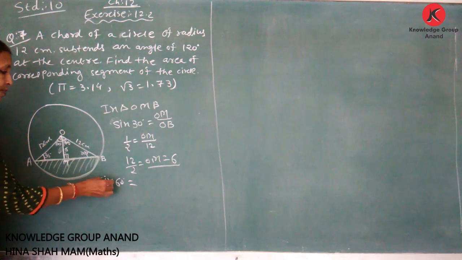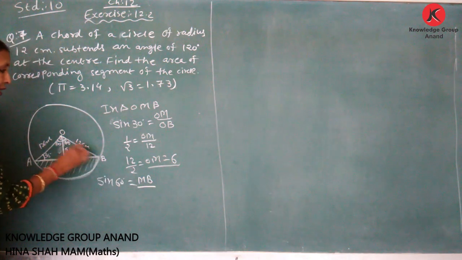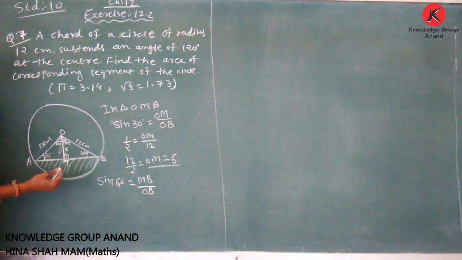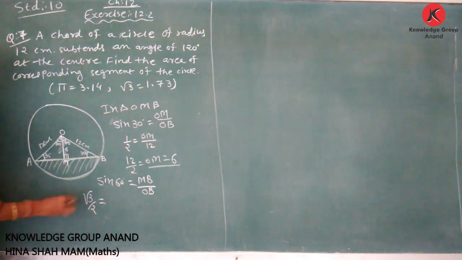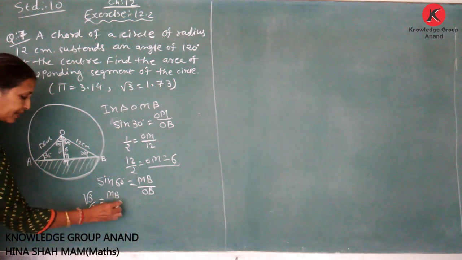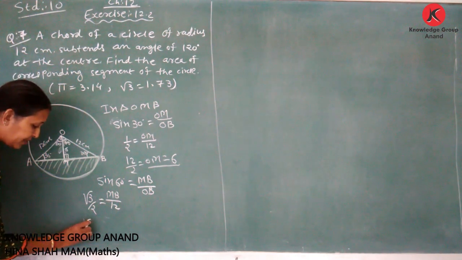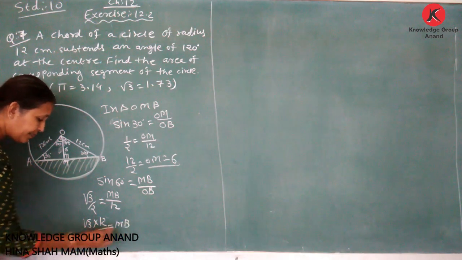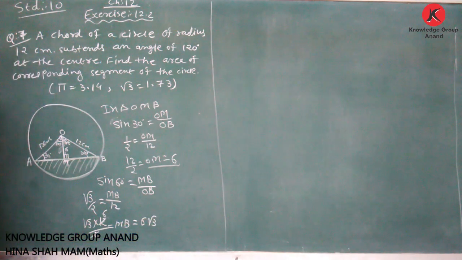Sine 60 is equal to opposite side MB upon hypotenuse OB. What is the value of sine 60? Everybody knows, root 3 by 2 equals to MB upon 12. Root 3 into 12 by 2 is equal to MB. MB is equal to 6 root 3.